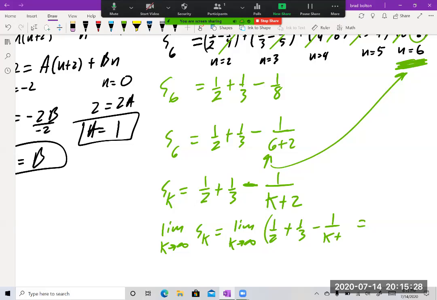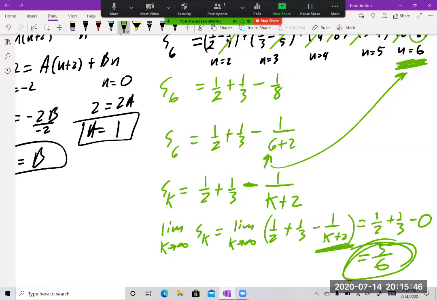Now we know that this will be 1/2 plus 1/3 minus 0, because this term, as you approach infinitely large, will become 0. So our final answer is actually just 5/6 if we add these up.